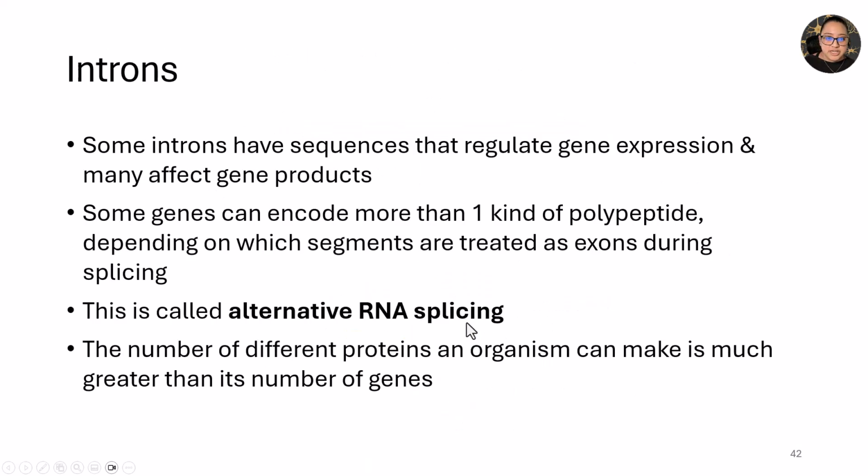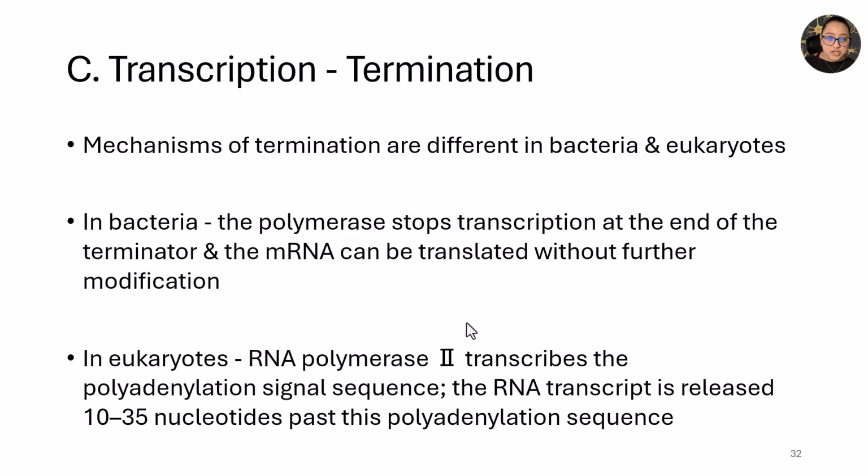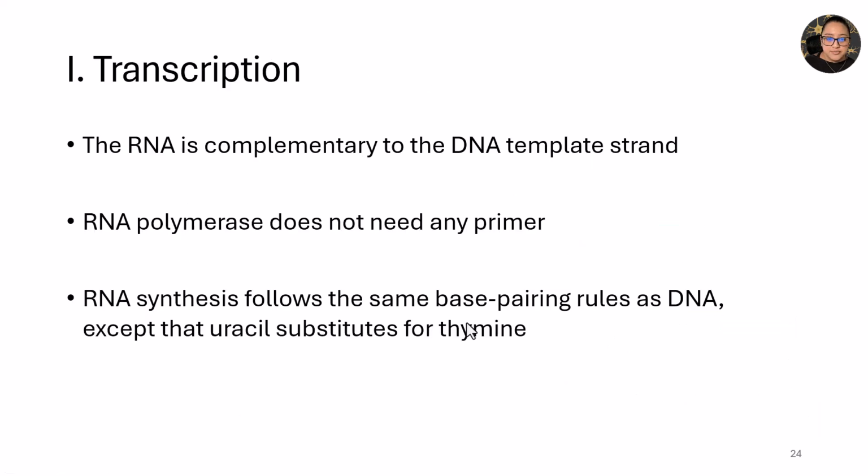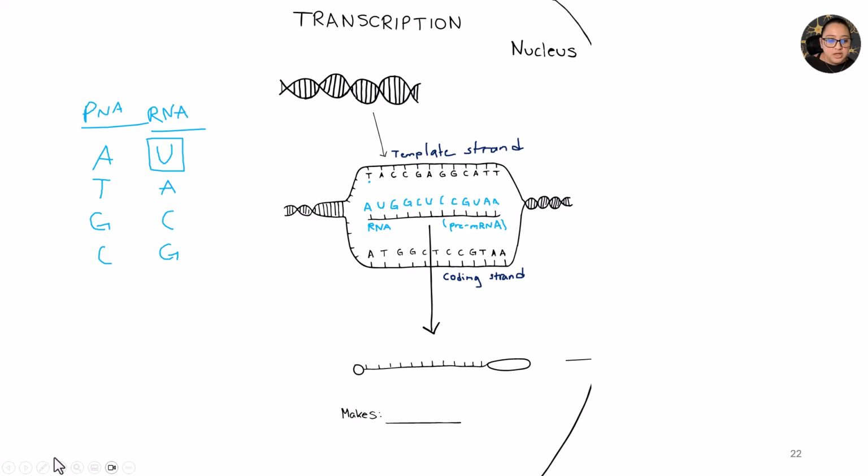And so that is what I tried to represent back in the worksheet. That's the pre-mRNA, and then this is the mRNA. It's the 5' cap. The poly A tail.